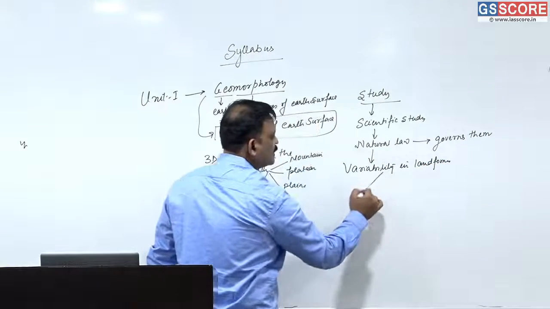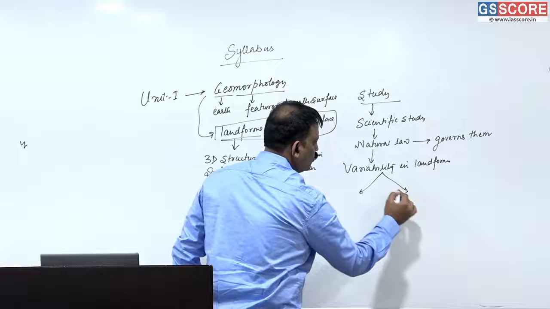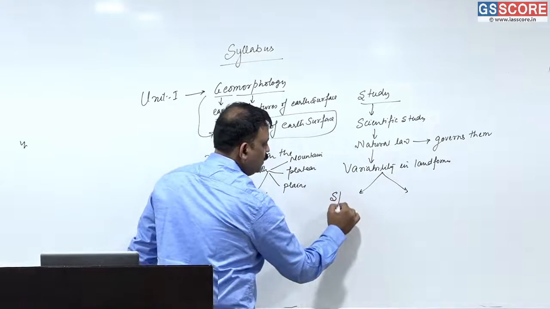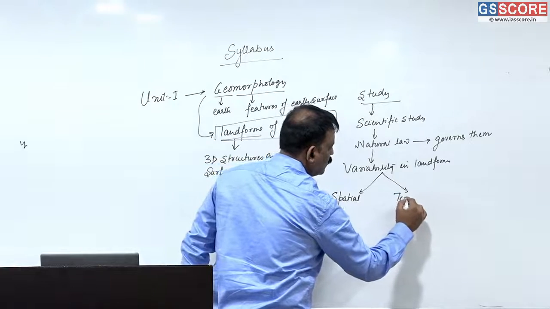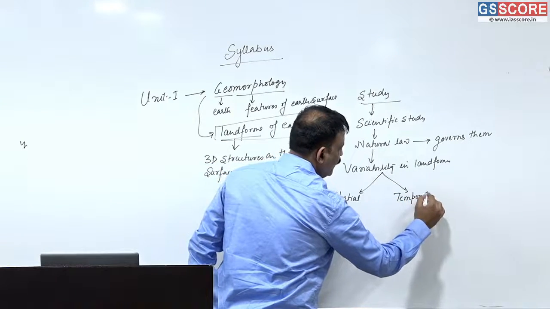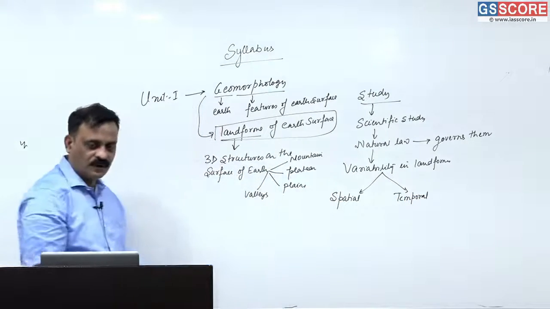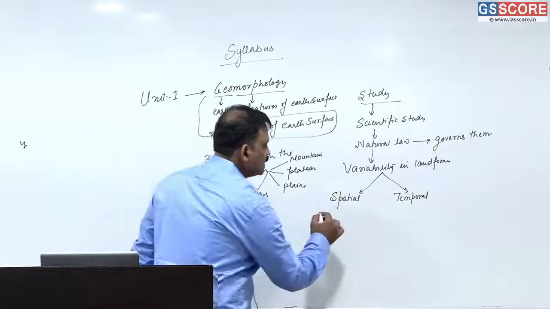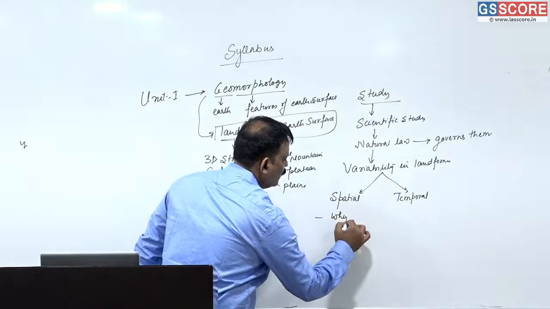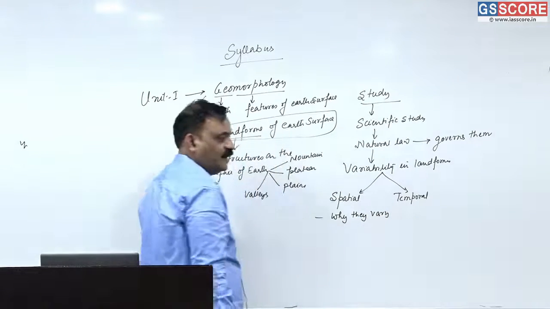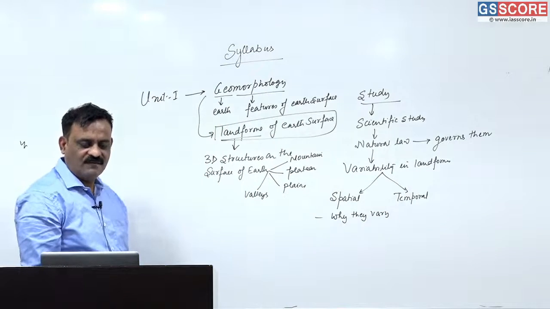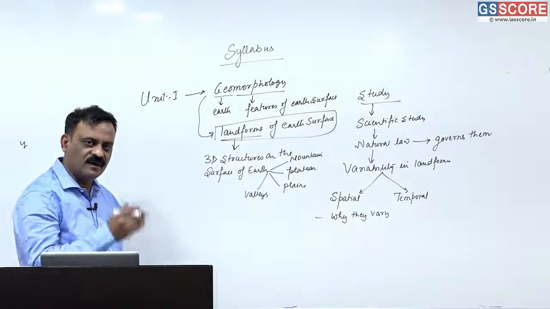Variabilities are studied in both contexts, spatial and temporal. And we will also see why they vary. Why do we have differences in the landforms from one place to another?